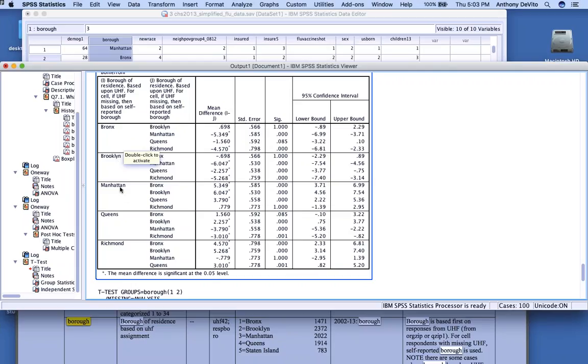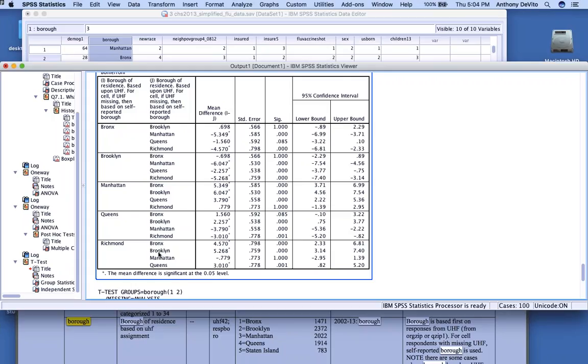And down here, if I go down here, I got Manhattan and Bronx, which I already have, Manhattan and Brooklyn, which I already have, Manhattan and Queens, which I don't have yet, I think. But the null hypothesis is that they are all equal. Right, and the alternative: if I show a few that are not equal, that means that hypothesis is not valid. Yeah, but you might also be interested in which ones.